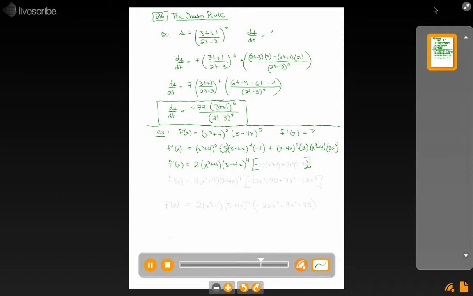Well, I had negative 20, so I still have negative 10, since I took out a 2. I still have (x cubed plus 4) to the 1, and other than that, the rest of that term is gone. Now, the next one I have plus, I took out the 2, so I have 3x squared, and the only thing left is 3 minus 4x.